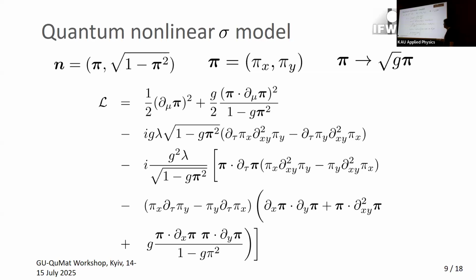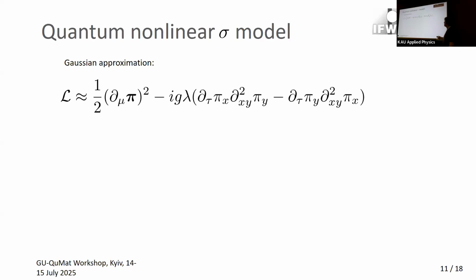And how do I make this Gaussian? I just imagine that g is small, but g times lambda is large. So I can just cross out these terms because these are interactions, right? And the altermagnetic term that survives here, which is Gaussian, with just two pi modes, is this. But there are three derivatives instead of two derivatives like in the standard case.